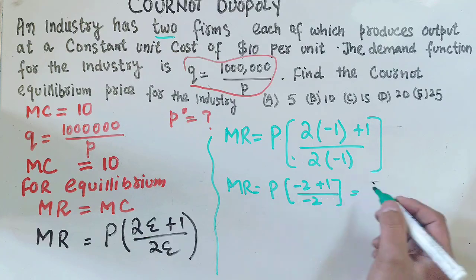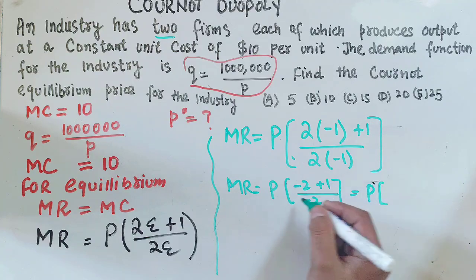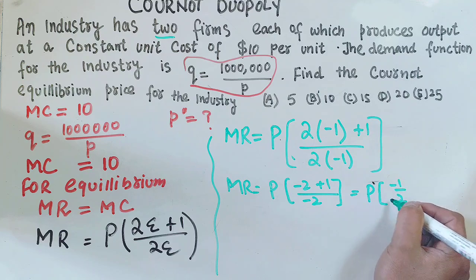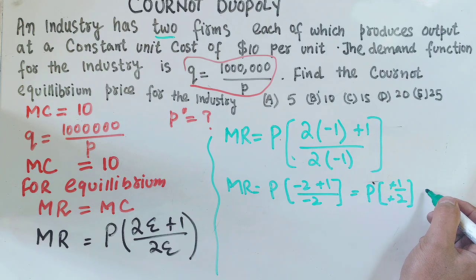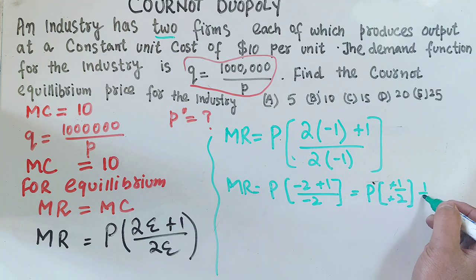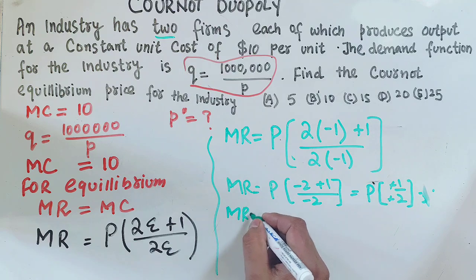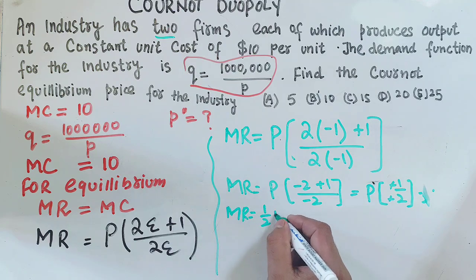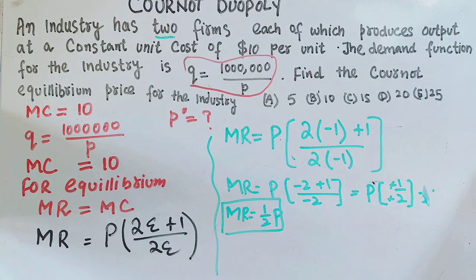So it becomes minus P into, now look at -1 upon 2, -2, this gets cancelled, so our marginal revenue comes out to be 1 upon 2 P. I hope I have done the calculation right.